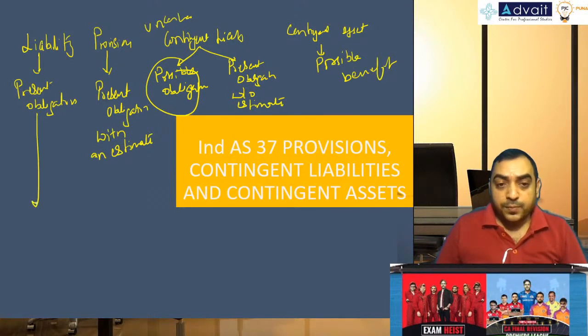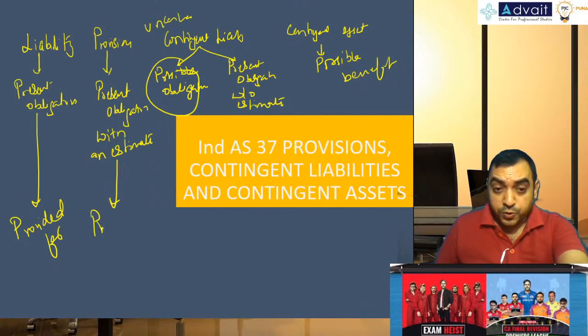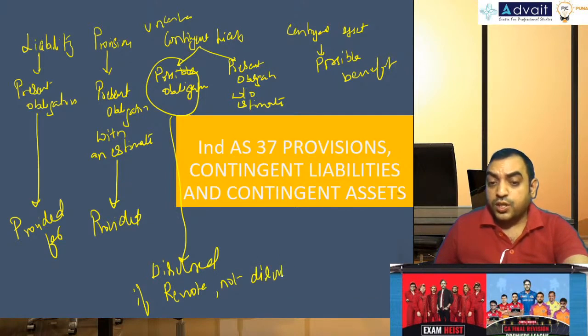Now present liabilities are provided for in the books of accounts. Provisions are also provided for. Contingent liability is disclosed, and if the chances of liability are remote, then disclosure is also not required.